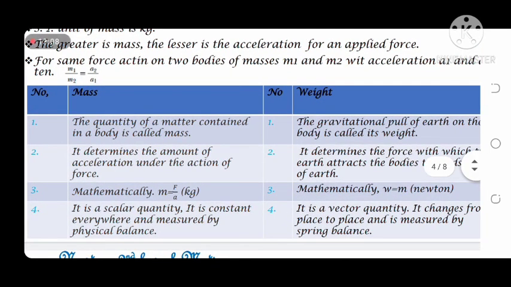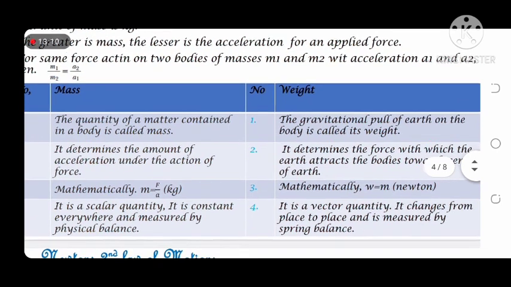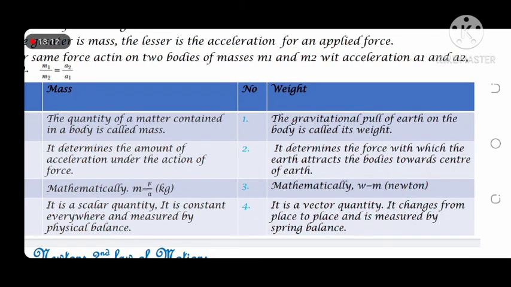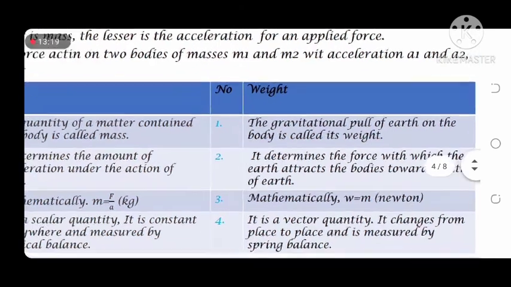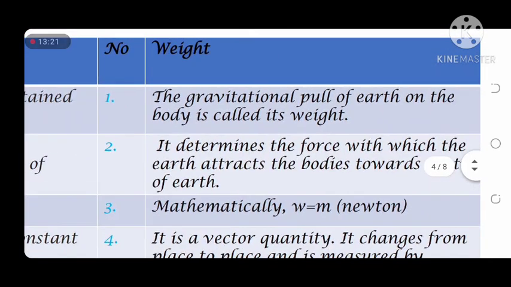The quantity of matter contained in a body is called mass, whereas the gravitational pull of Earth on the body is called weight. How much gravity pulls a body is its weight.